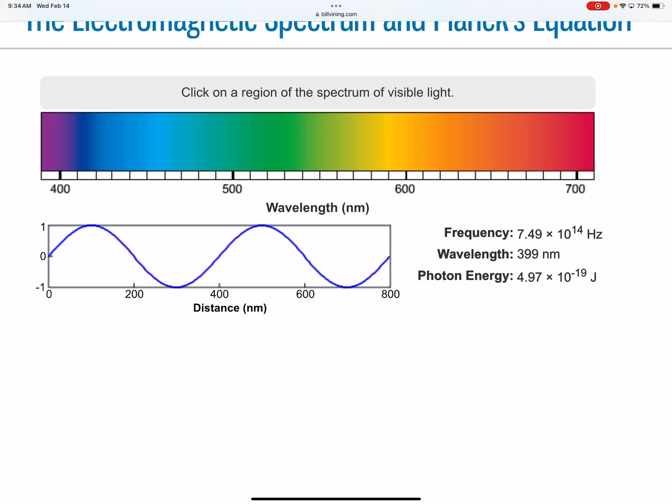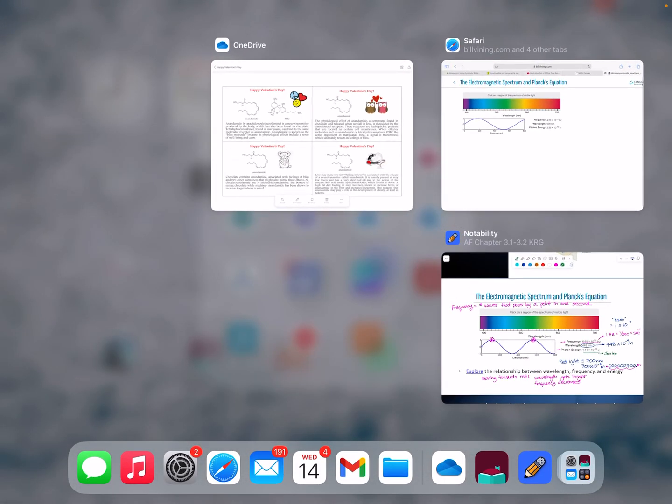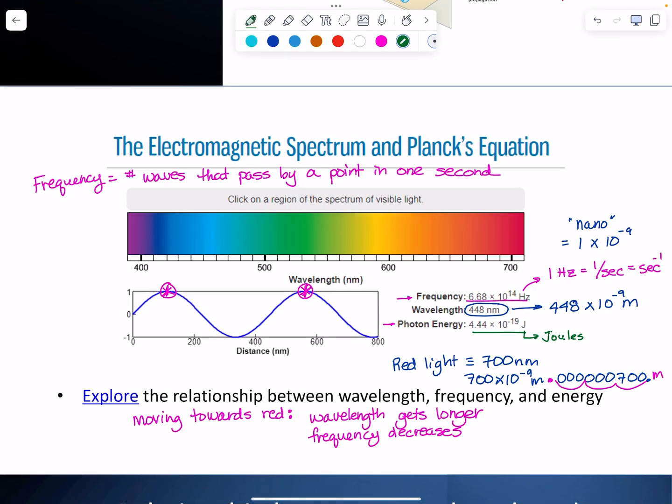Now let's go red. We've increased the wavelength, decreased the frequency. What happened to our joules? It's still 10 to the minus 19, right? All right, is the number before it bigger or smaller? Smaller, okay? So as we move red, okay, less energy is carried by the wave, okay? So let's go here. So moving towards red, energy decreases.